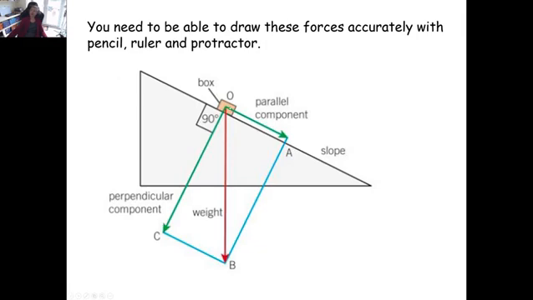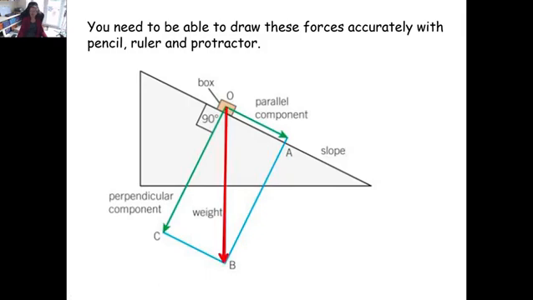So as we have in the diagram here, you start at the beginning of that resultant vector, and you can draw a box around that vector like that, with one line being parallel to the slope and one line being perpendicular to the slope, and that will give you the two vectors that you need for the weight.